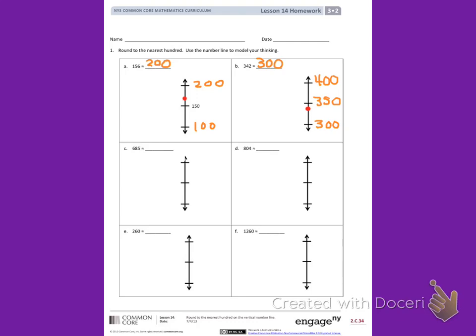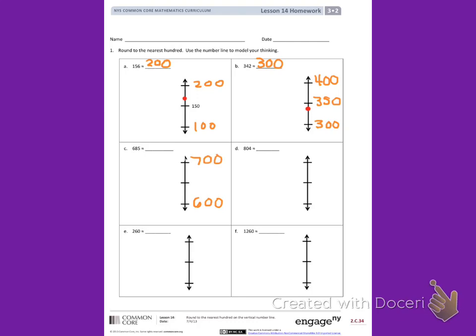Item C says 685. The first thing you need to do is determine what two numbers 685 falls in between when counting by hundreds. We know that 685 falls between the numbers 600 and 700 when counting by hundreds.